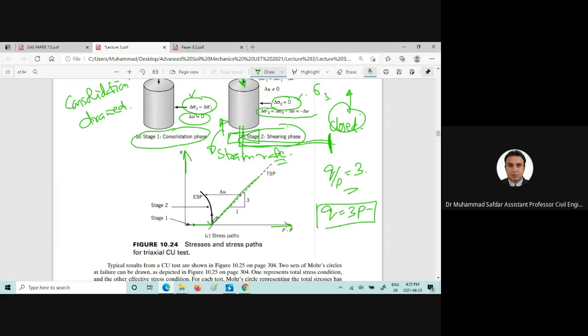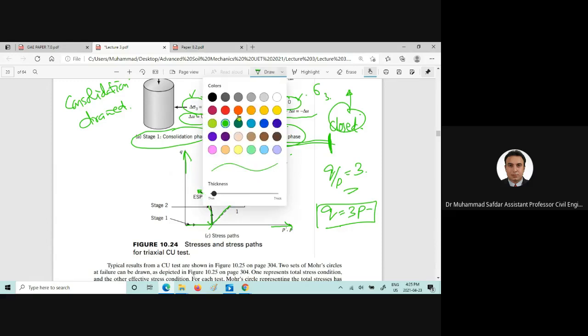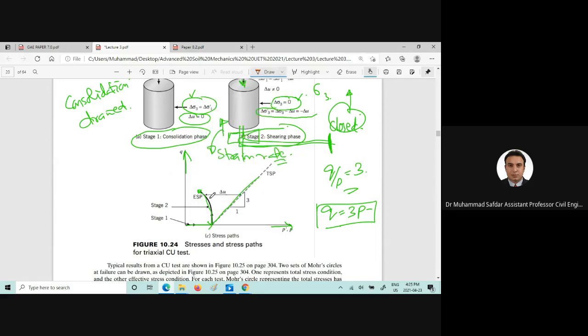Now, if we want to find out the effective stress path, at each and every point, this would be the subtraction of the pore water pressure as we are moving along the stress strain graph like this.